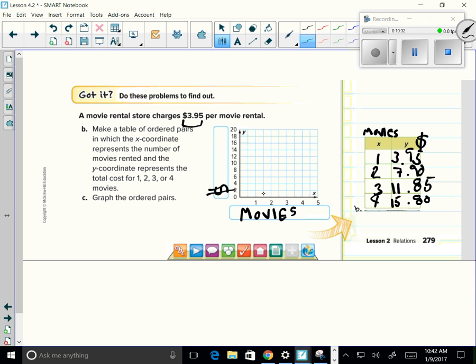So I know that 3.95 is going to be between 2 and 4. For 2 movies, it goes up to 7.90 between 6 and 8. For 3 movies, I go up to 11.85, which is between 10 and 12. That one's a bit off. It really should be closer to the 12 here. And then for 4 movies it's 15.80. You can see that kind of makes a nice straight line there.